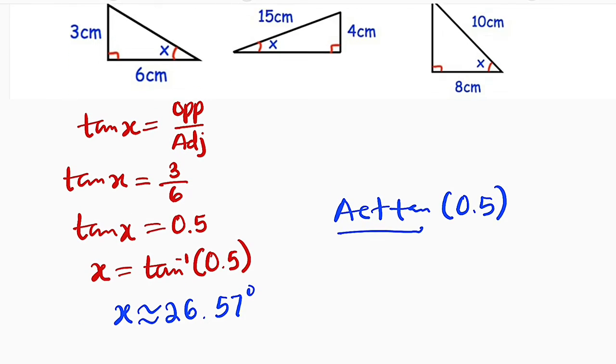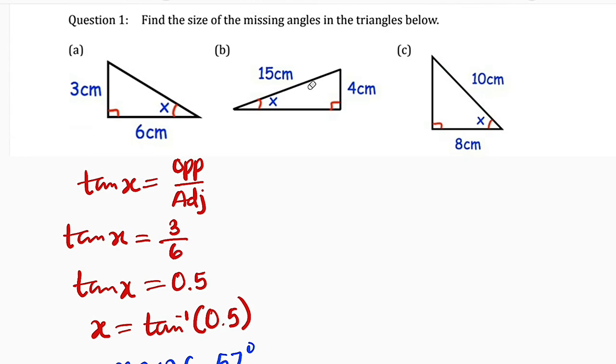So now let us move on to the second one. Okay, but this time around you can see that this is the hypotenuse and this is the opposite side. So what is the relationship between the hypotenuse and the opposite side? It is sine. So sine of that angle x is equal to opposite divided by hypotenuse, right?